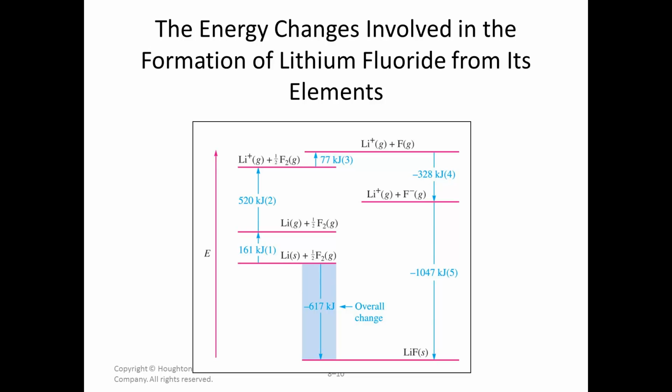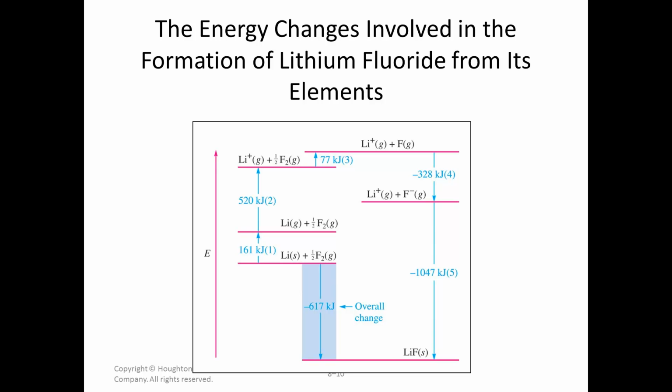To dissociate molecular fluorine into fluorine atoms requires 77 kilojoules of energy. The formation of the fluoride ion, the electron affinity, is exothermic at negative 328 kilojoules. So far, everything else has been endothermic.